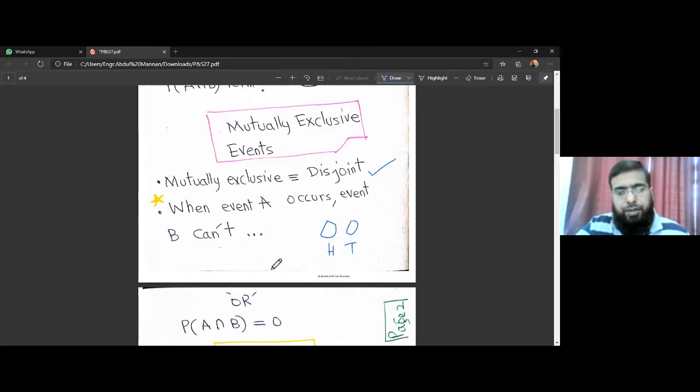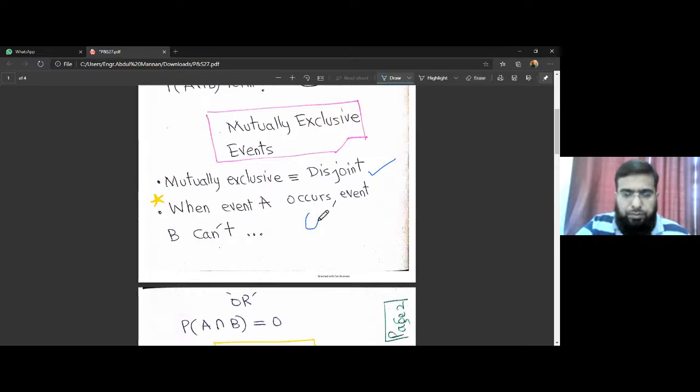But if we toss two coins, then getting heads on coin number 1 and getting a head on coin number 2, these two events are not mutually exclusive.